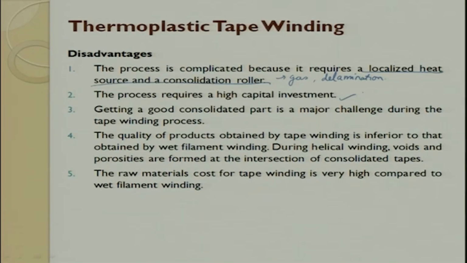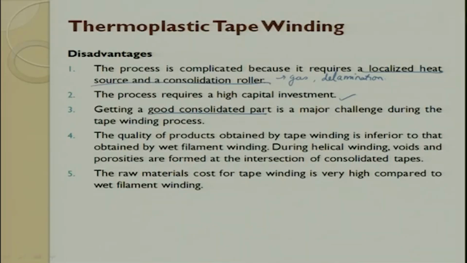All thermoplastic processes need heavy investment, keep that in mind. Getting good consolidation as compared to that of the filament winding, here it is slightly tougher. The raw material for this tape winding process is costly, and on top of it, in helical winding, voids and pores are easily getting formed.